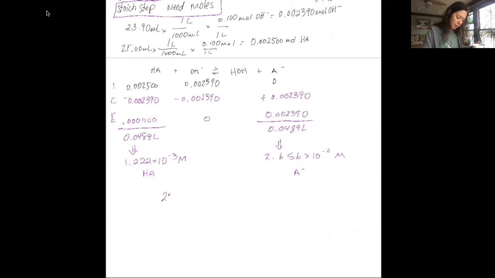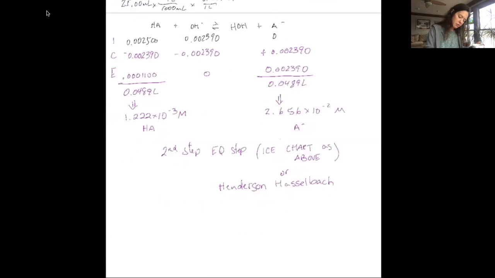But look here. The second step, which is the EQ step, can either have the ICE chart as above, or you can use the Henderson-Hasselbalch equation. It will be brought up later, but maybe we'll be focusing on it in a different way.